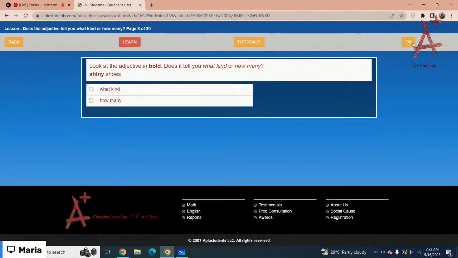Okay, the next one is look at the adjectives in bold. Shiny shoes. Which is the correct option? Does it tell you what kind or how many? It would be shiny kind of shoes. Got it? So the correct option is what kind?